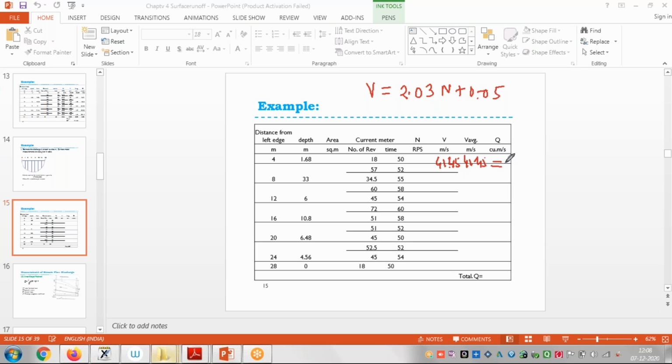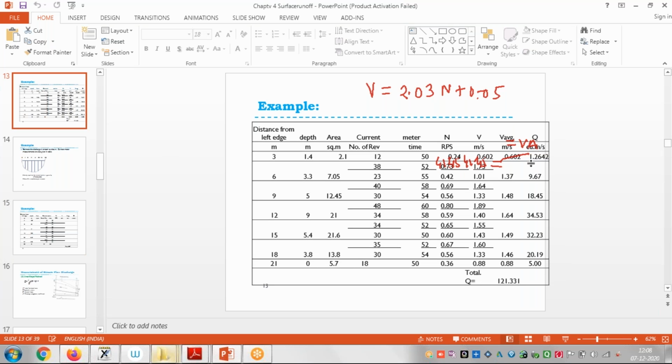Now how you will get the discharge here? We know that Q is equal to V into A, right? So in the previous example, if they have taken the average velocity, the same we can also perform.